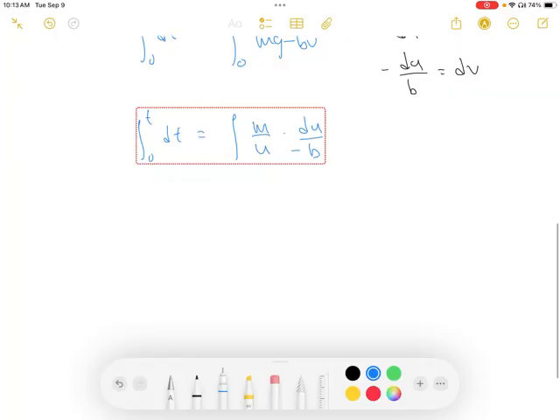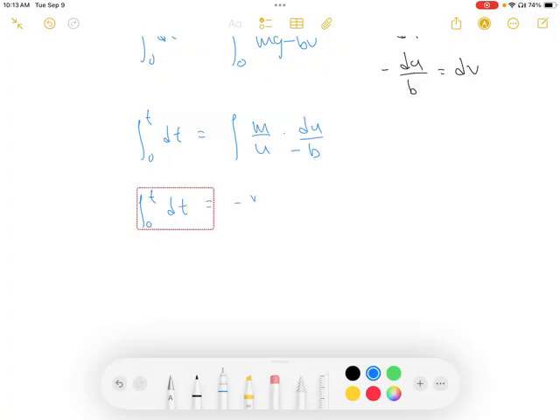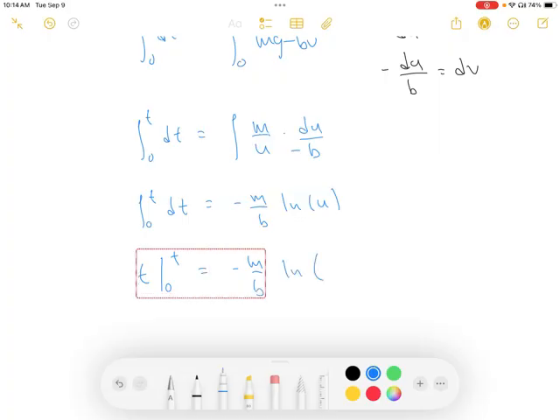So when we integrate this, we get the integral from 0 to t of dt is equal to minus m over b natural log of u. So then we have t evaluated from 0 to t is equal to minus m over b natural log of mg minus bv evaluated from 0 to v.